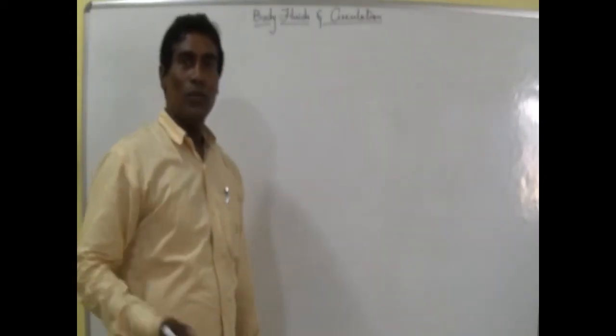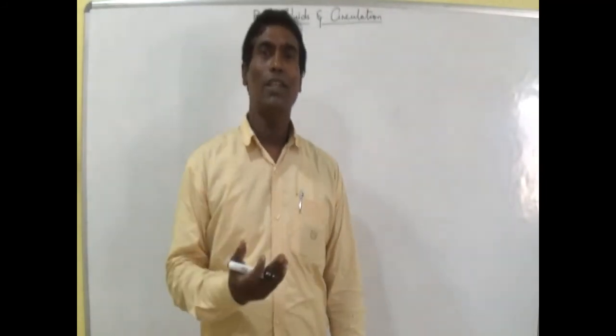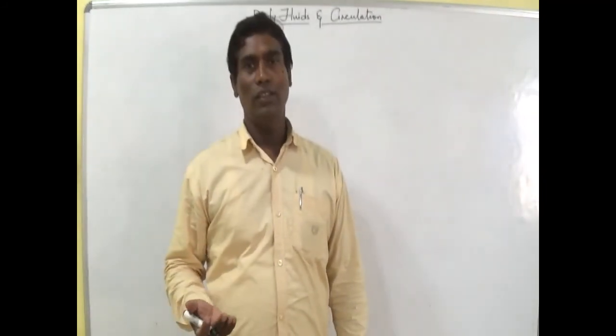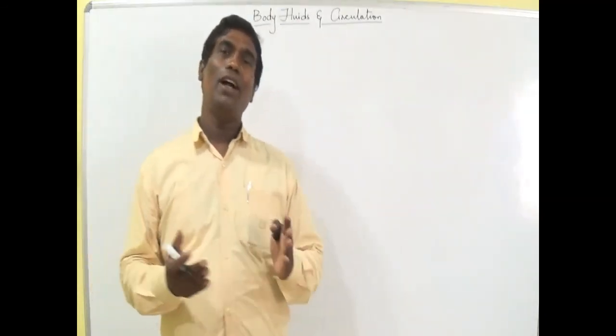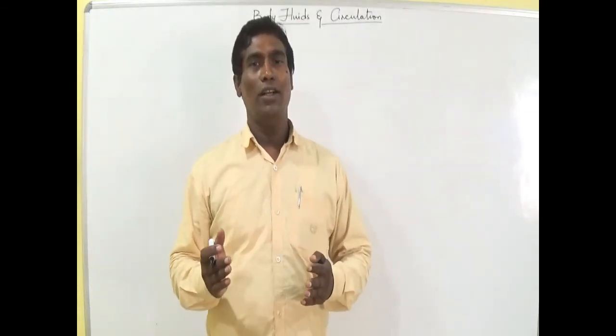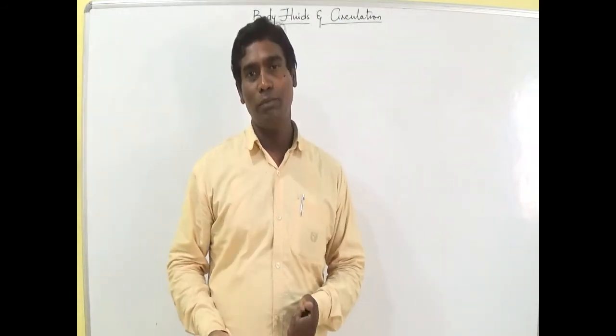Well, in our last class we were discussing the electrocardiogram, through which the changes that take place in the heart can be analyzed to find out the complications and treat them.